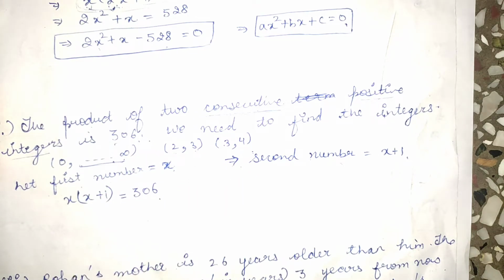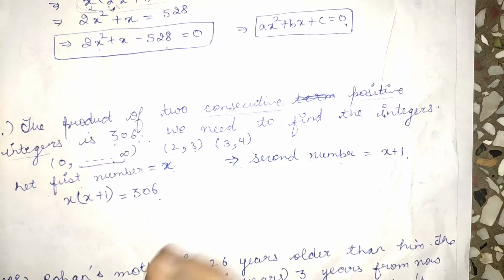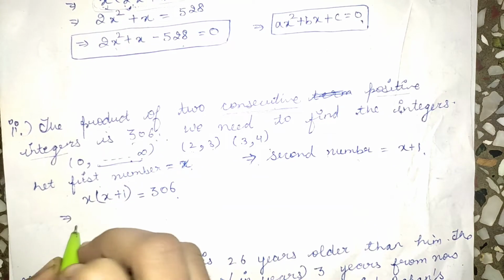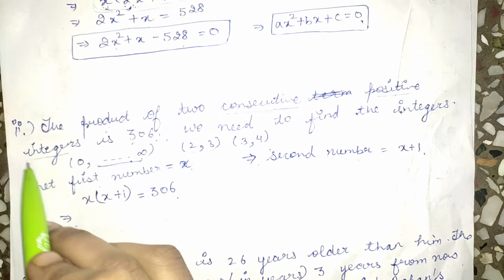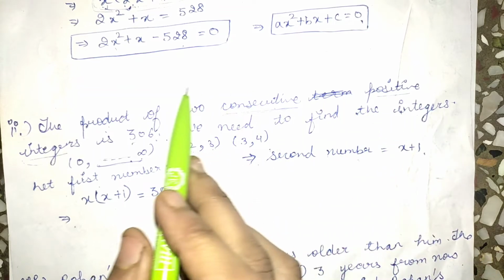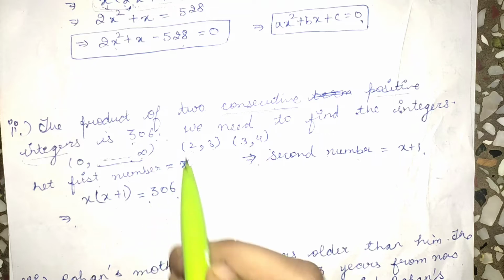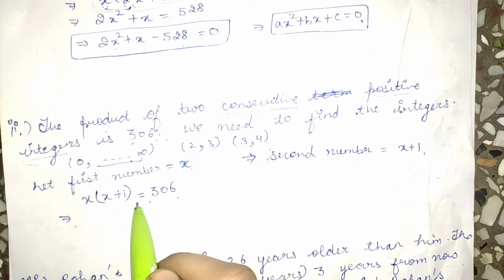Now we have to do simplification as we have done in our previous question, right? So do not be afraid of these kinds of statements. These statements are also similar to the simplified equations, as we have done in our first question.